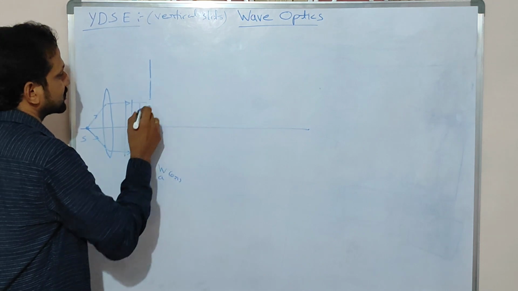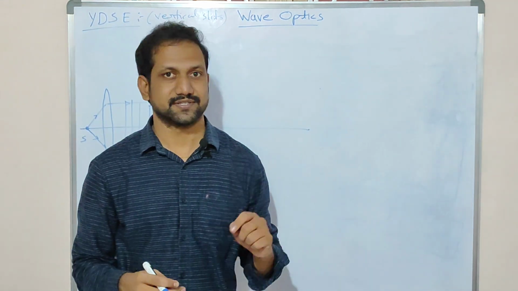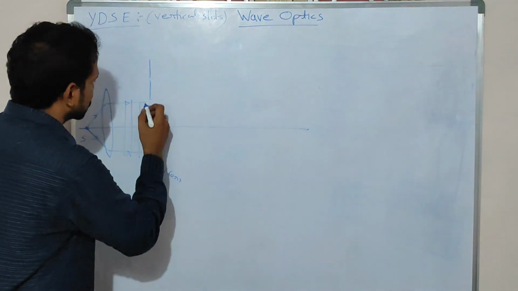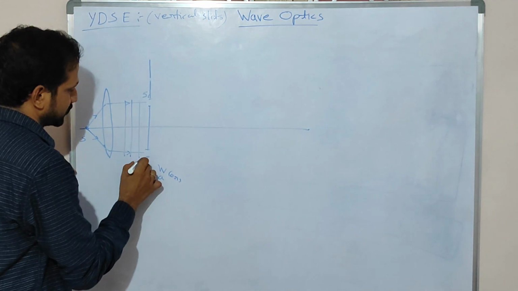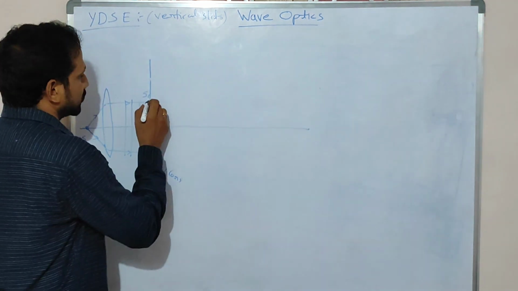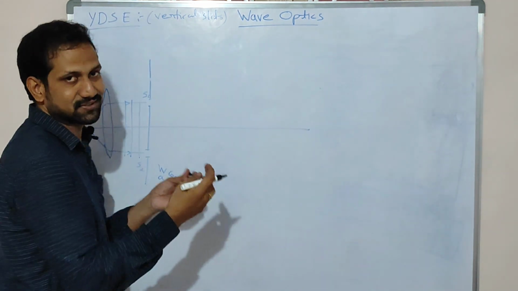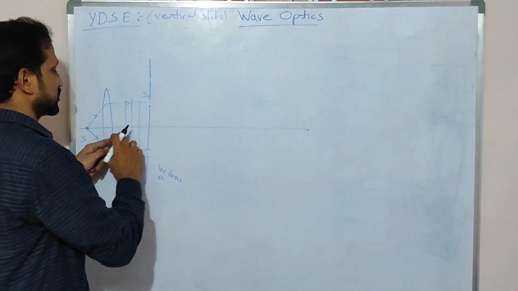From the Huygens principle, every particle on the wavefront behaves as a secondary source. So this is S1, you consider, and this is S2. Then S1 and S2 also behave as sources. These S1 and S2 also send the light waves in the forward direction, the direction of the incident wave.